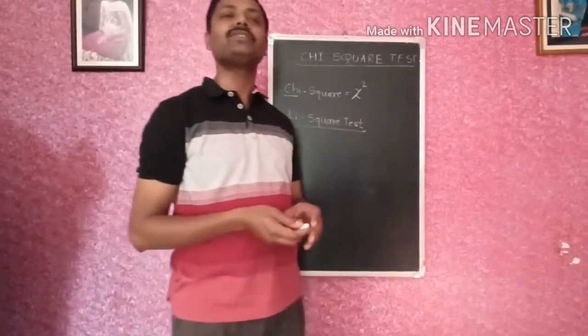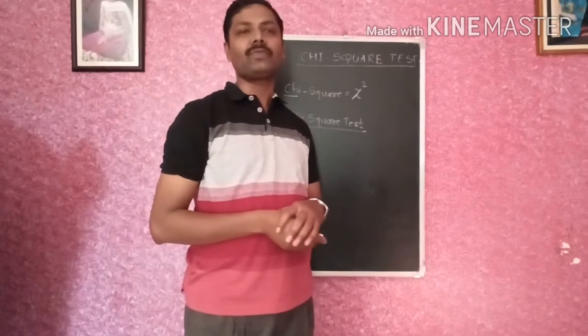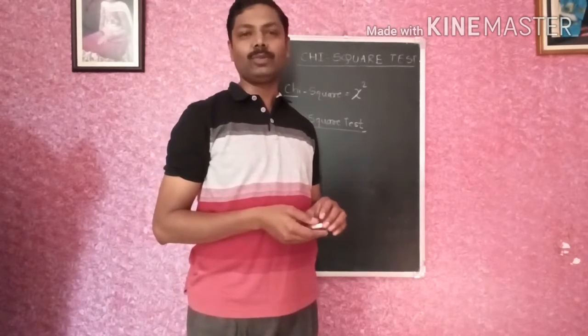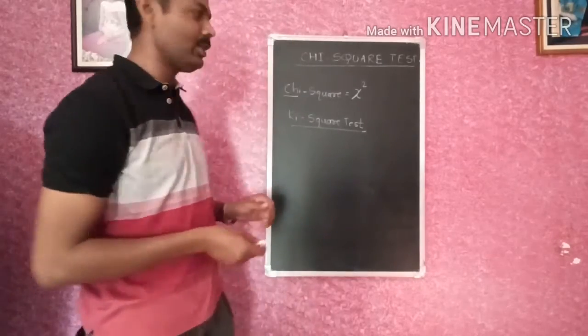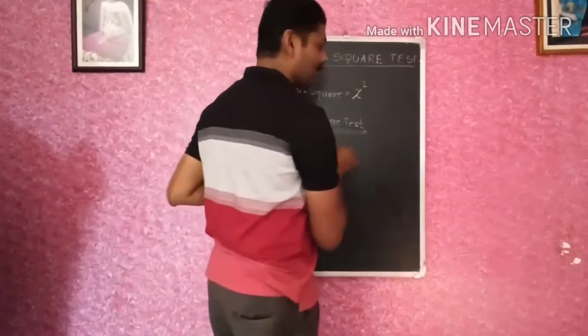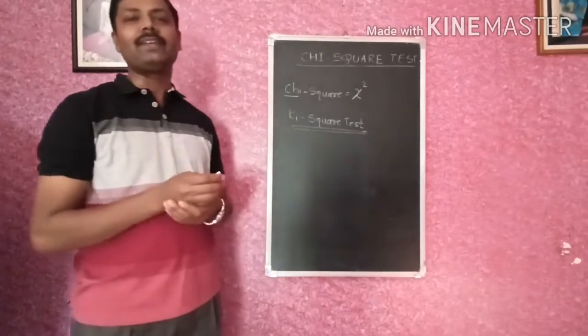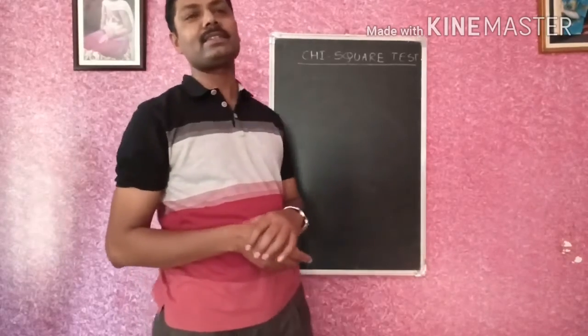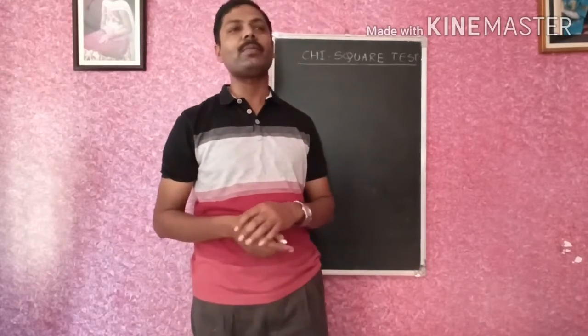It is a statistical measure used in the context of sampling analysis for comparing variance to theoretical variance. In this test we are comparing the variance to the theoretical variance. Chi-square test is a non-parametric test and it can be used to determine if categorical data shows dependency or if two classifications are independent.